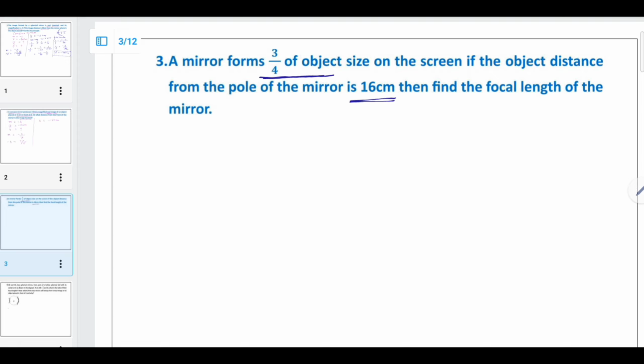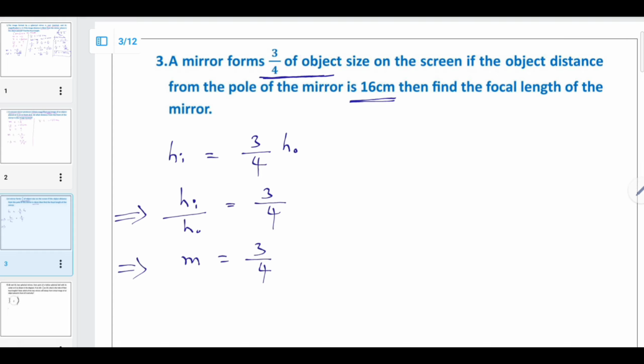First of all, let us write the given. Size of the image equals 3 by 4th of the object size, so hi by h naught equals 3 by 4. Now hi by h naught can be written as magnification m, 3 by 4. But the image formed is real, so I take the magnification value as minus 3 by 4.